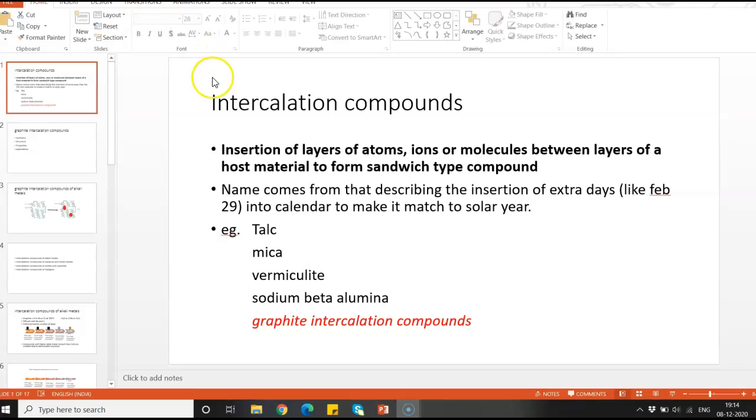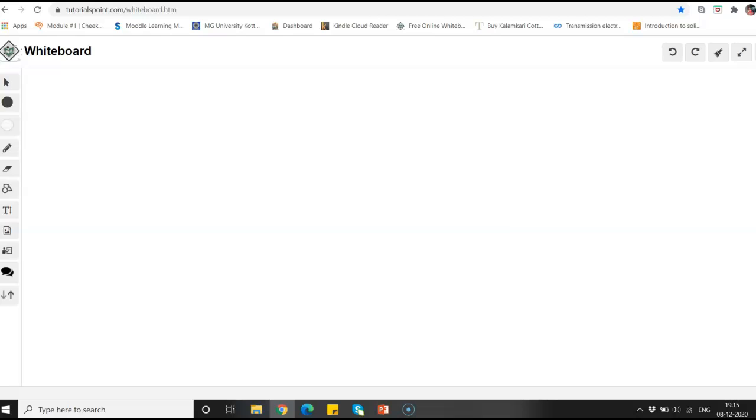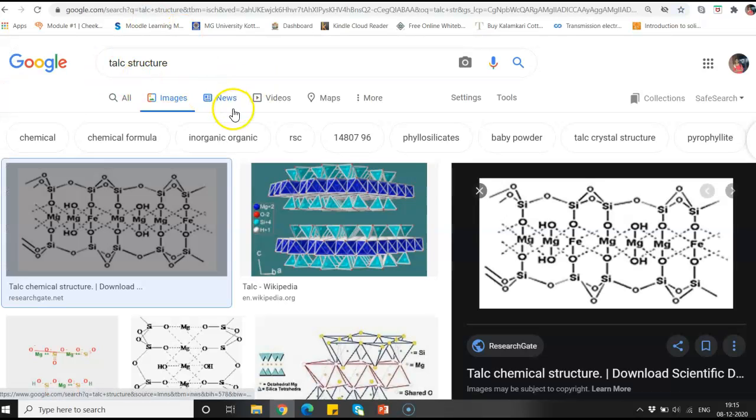Some of the intercalation compounds that you can see in your day-to-day life are talc, mica, vermiculite, sodium beta alumina, graphite intercalation compounds, etc. Our discussion will be mainly confined to the graphite intercalation compounds. Here you can see the structure of talc.